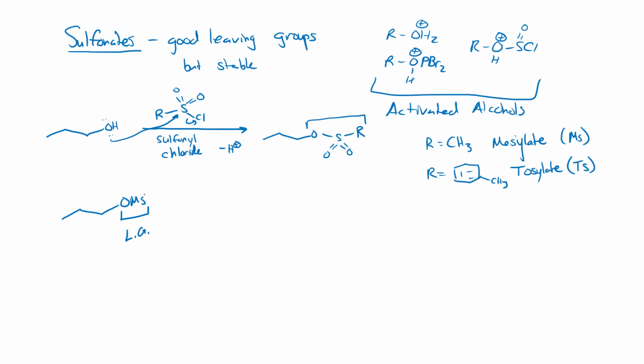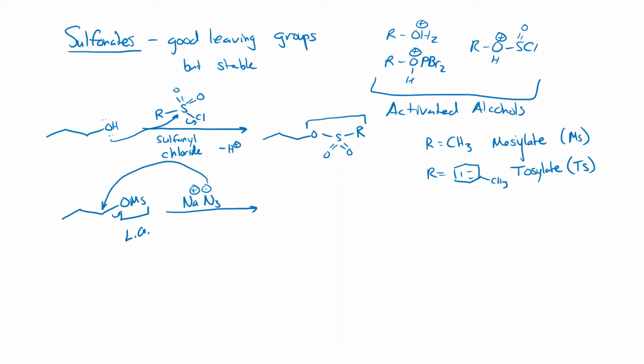Now, what's nice about this is that we're no longer limited to just halogens, right? Everything we've done up till now is adding in a chlorine or a bromine or something like that. Now we can take other nucleophiles, like, for instance, sodium azide, NaN3. So this is Na plus N3 minus. Now we have a good nucleophile.